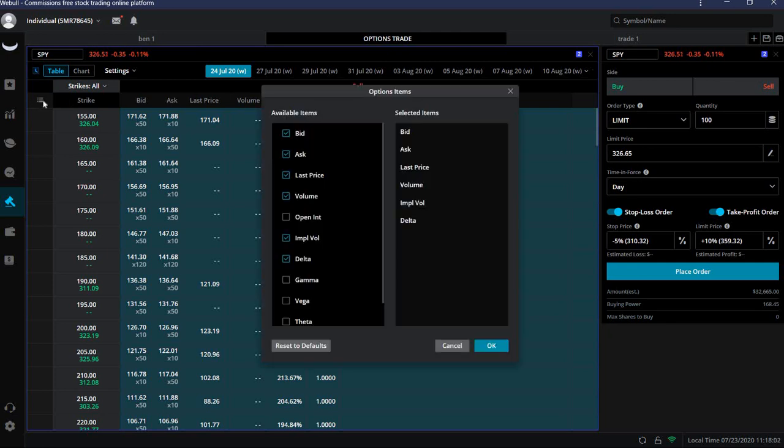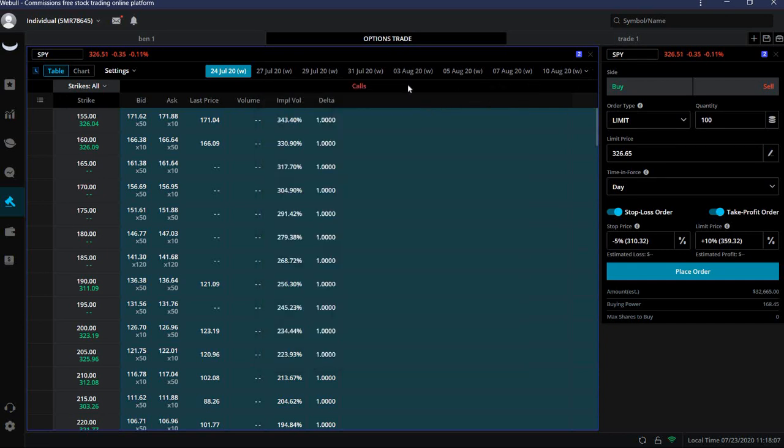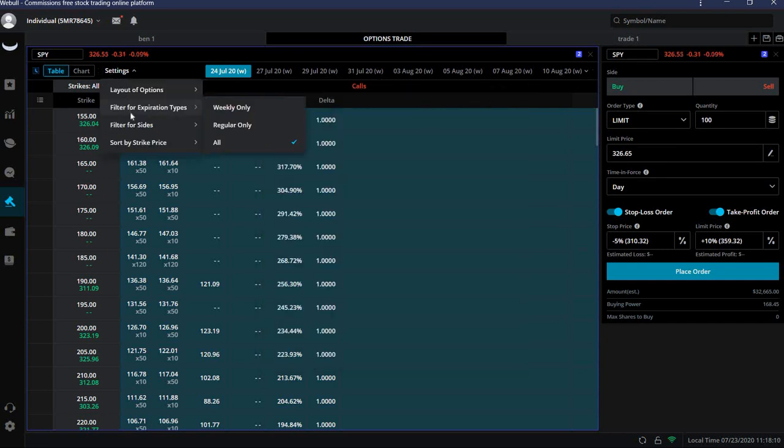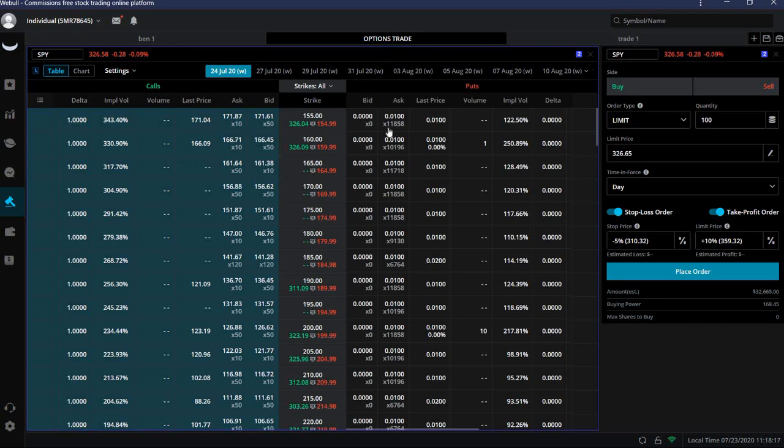I know there's a way to get the calls and the puts. There you go. So this is the layout for options for WEBULL.